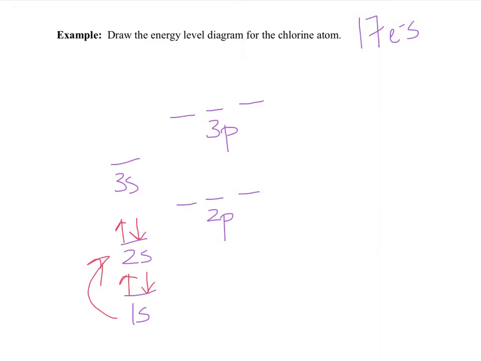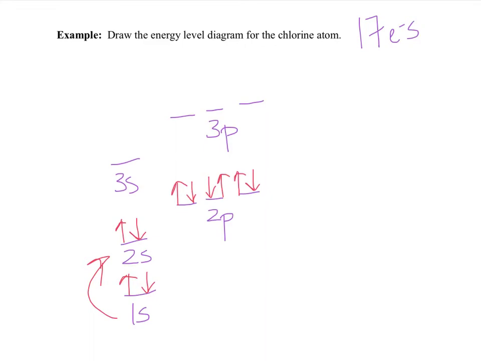Notice that in 2p there are 3 suborbitals, so we put 1 in each suborbital before we pair them up. And notice that I didn't do up, up, up, then down, down, down. It doesn't matter whether you start with an up arrow or a down arrow, as long as when you pair it up, you have the opposite arrow for that second electron.